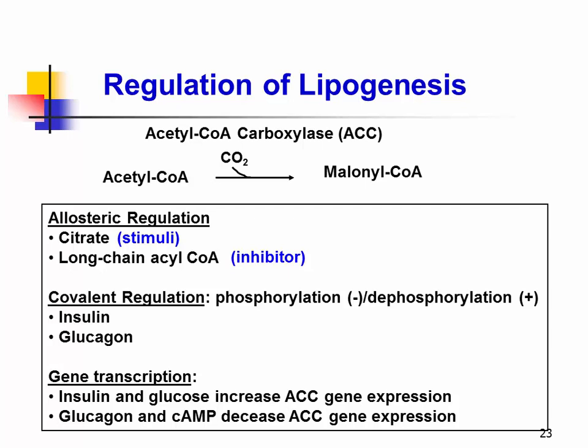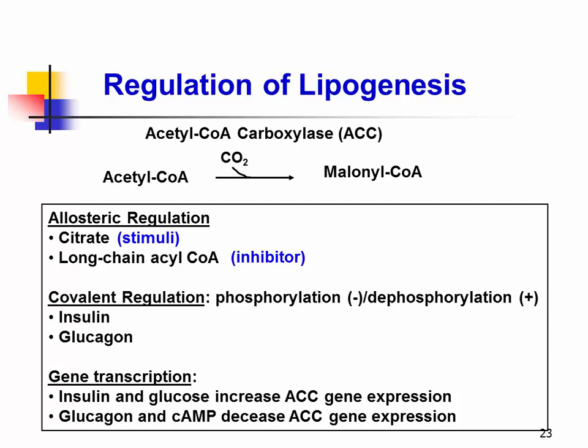Under these conditions, we have lots of fatty acids absorbed, so again, we don't need to synthesize more. So we inhibit. Long-chain fatty acyl-CoA is an important substrate related to the high-fat diet that inhibits lipogenesis.